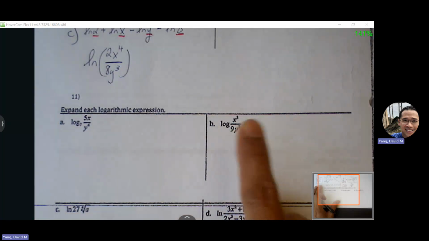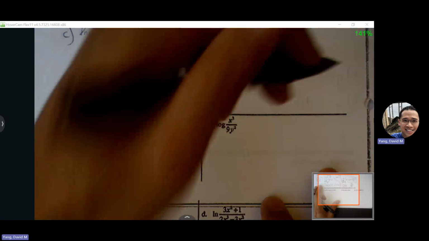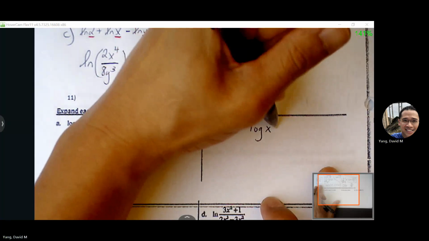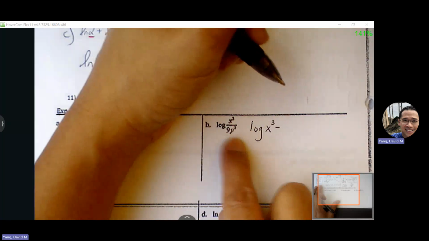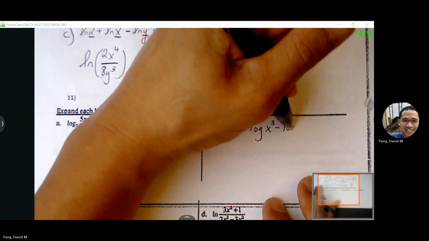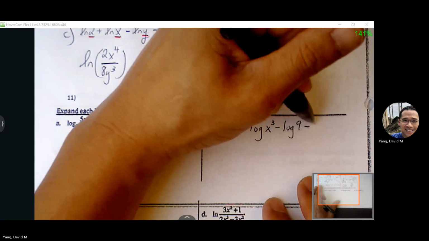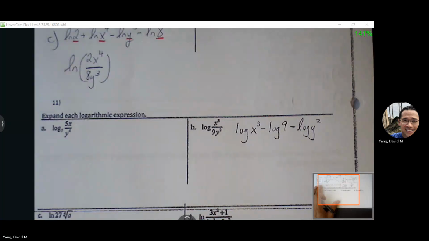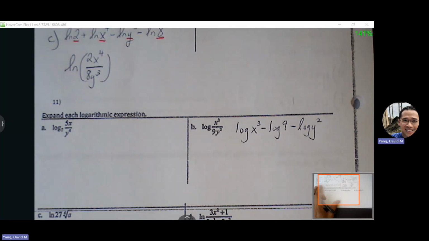So here I have one term in the numerator, 2 terms in the denominator. So my expansion will just be a positive followed by 2 negatives. So log of x cubed minus log of 9 minus log of y squared.